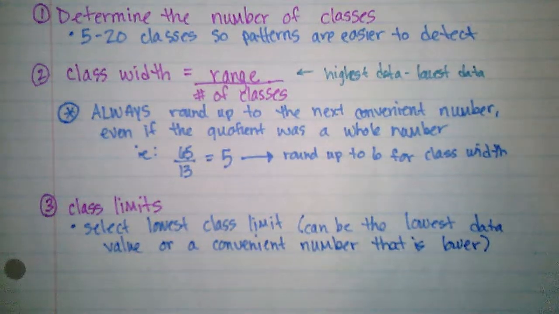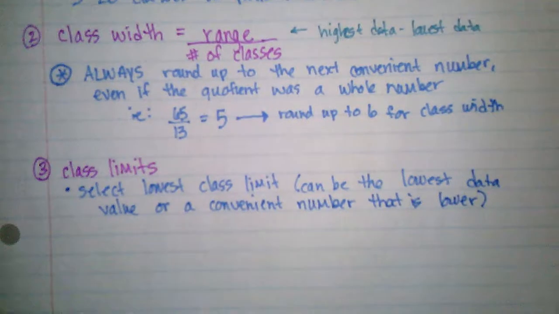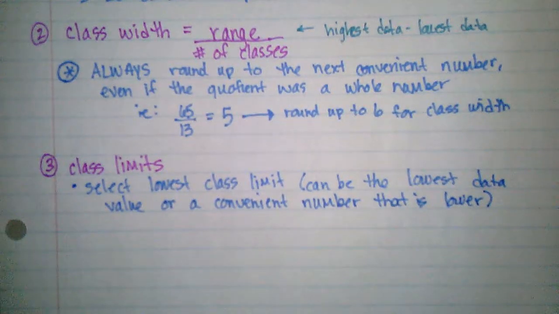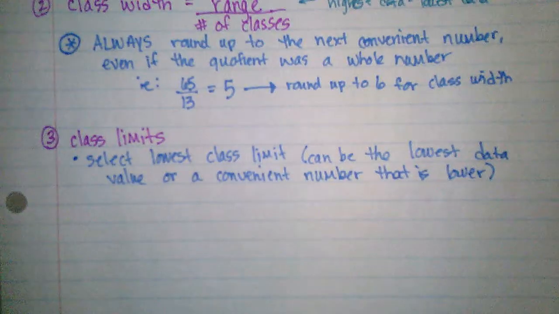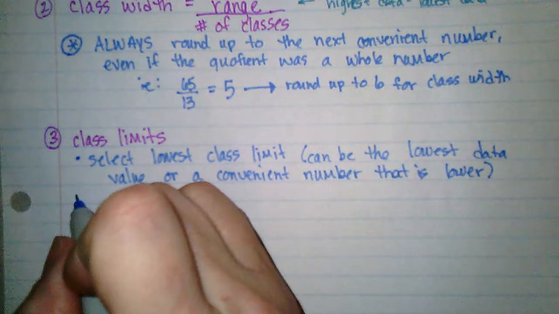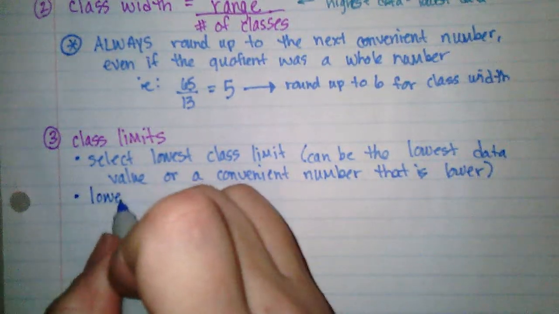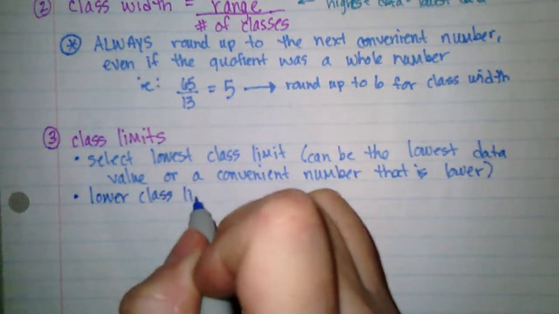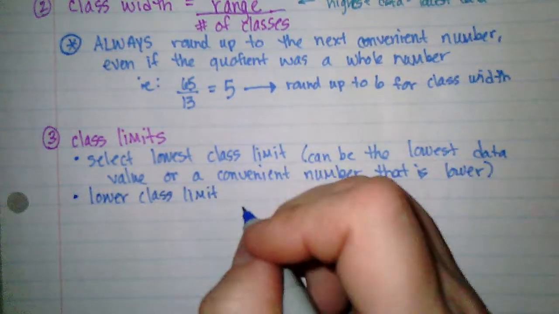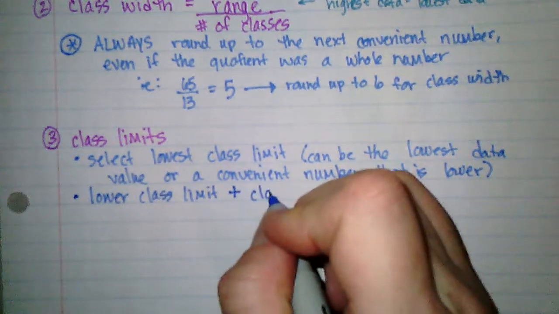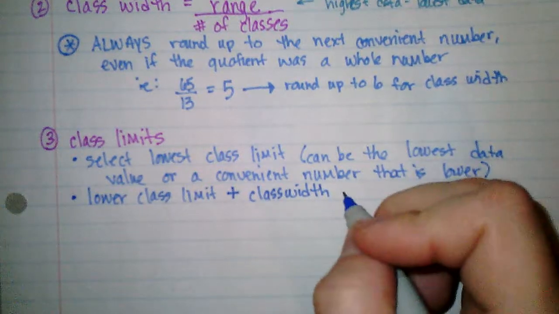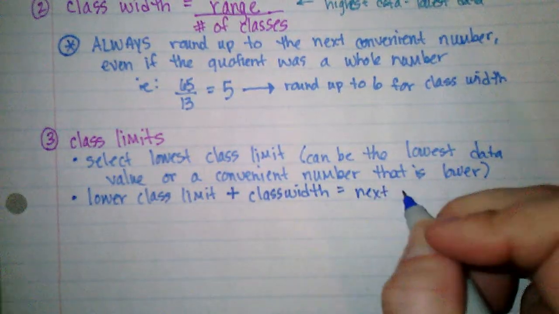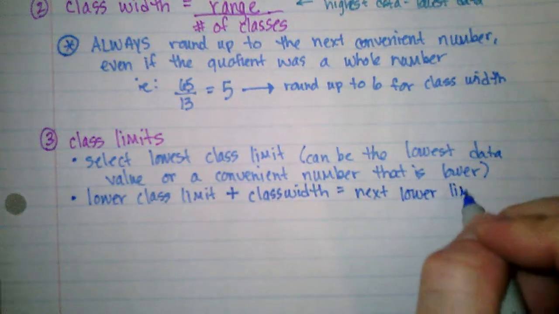So let's say my lowest piece of data was 51. Well, maybe instead of starting at 51, I would want to start at 50 because that's a more convenient number to work with. So you have a little bit of flexibility there. Then we will take your lower class limit and add the class width that we just got in the other step. And that is going to give us our next lower limit.